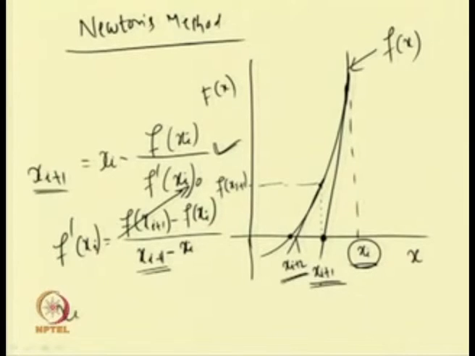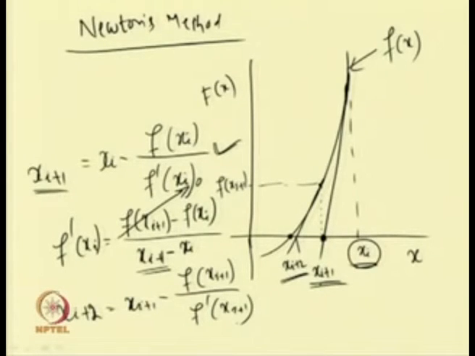So, this x_(i+2), for example in this case, will be equal to x_(i+1) minus f(x_(i+1)) by f'(x_(i+1)). Here we can find what is this f(x_(i+1)) and the slope, by using again this equation. In this way we can go on finding the solution till we obtain the convergence.